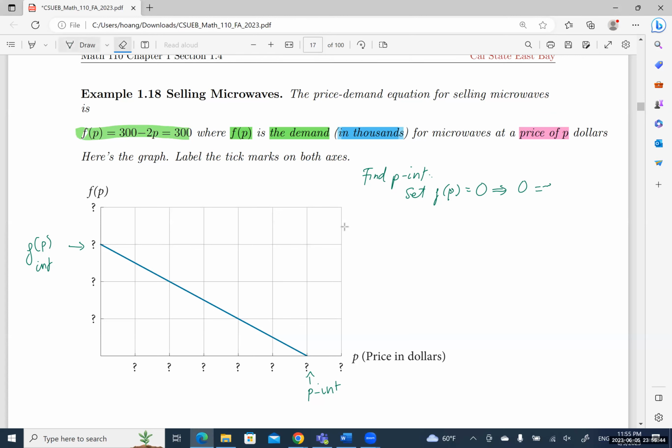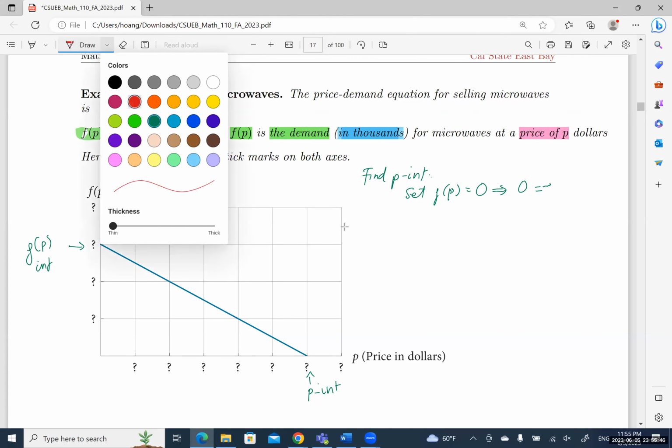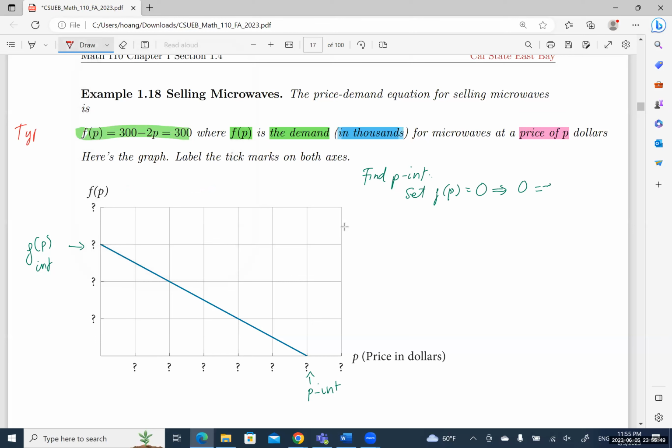So it's going to be 0 plus 2p equal to 300.